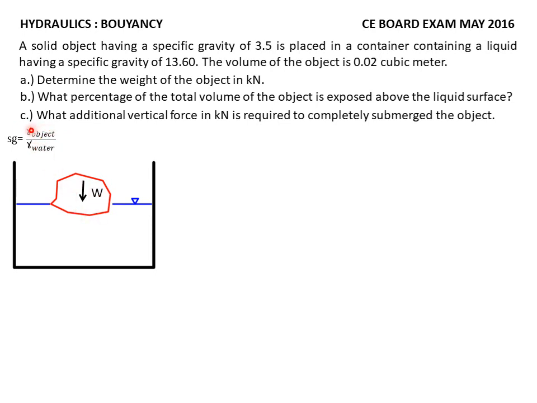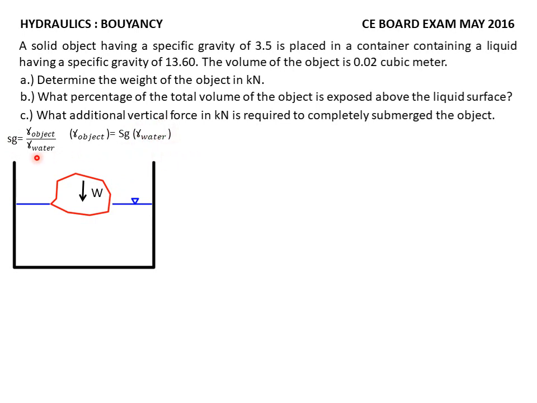Okay, so let's compute the unit weight of this object. From this formula, the unit weight of an object is equal to the specific gravity of the object multiplied by the unit weight of the water.